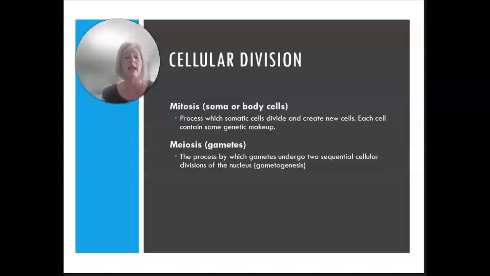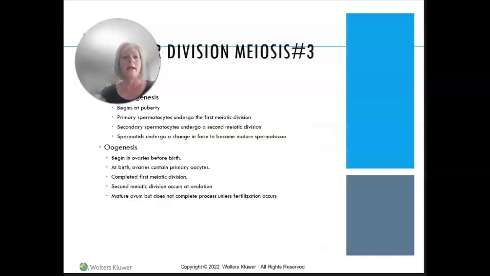Meiosis is where the gametes undergo two sequential cellular divisions. It's called gametogenesis, or how they become more. I'll explain that in just a minute. But when you think about cellular division, males and females are very different. So spermatogenesis for males starts at puberty.